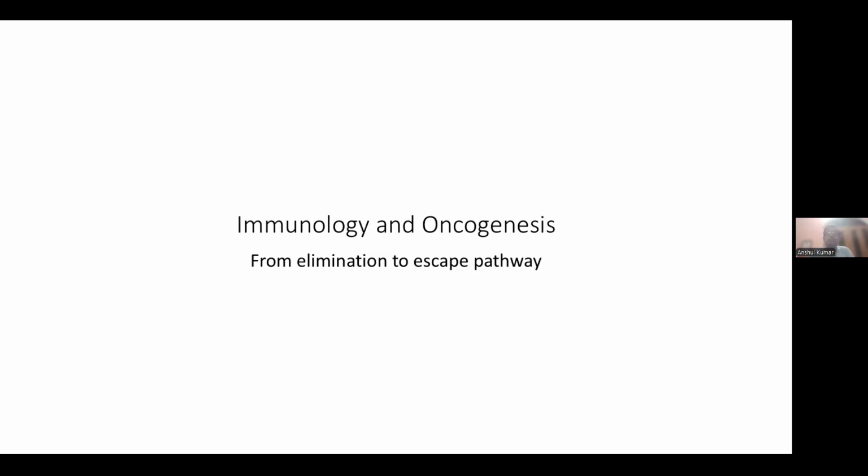Immunosurveillance means that our immune system keeps a check on any type of abnormal growth in the body, and it checks any type of disorders associated with it. Next is immunotolerance.